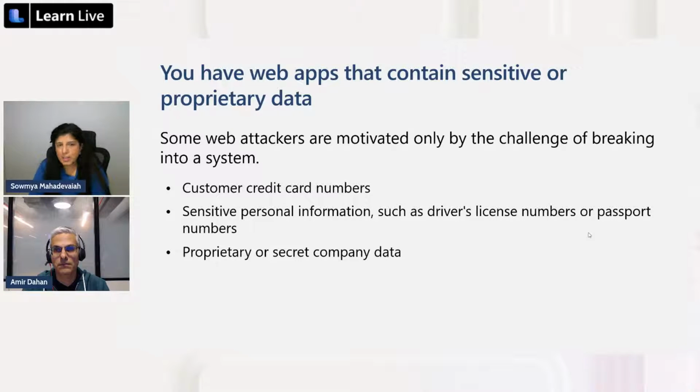If for some reason a malicious actor broke into your web application and got credit card information, they can do identity theft. They can make fraudulent purchases or siphon off rewards. Or the worst case scenario is they can sell this data on the dark web or hold your company at ransom. To protect against all these types of attacks, it is important that you use Azure WAF to protect your application against web attacks.